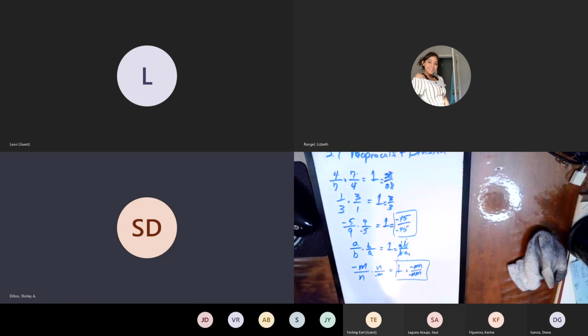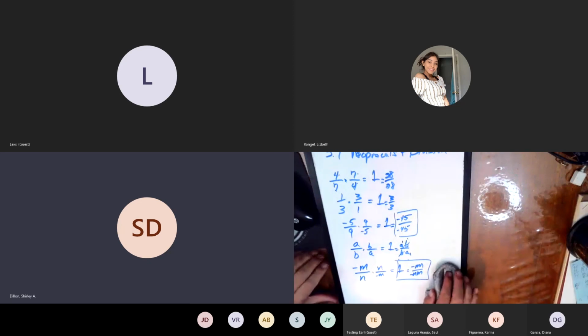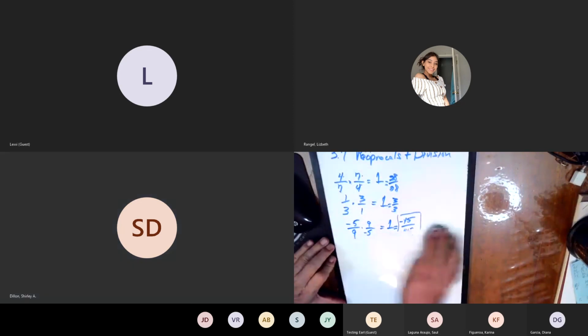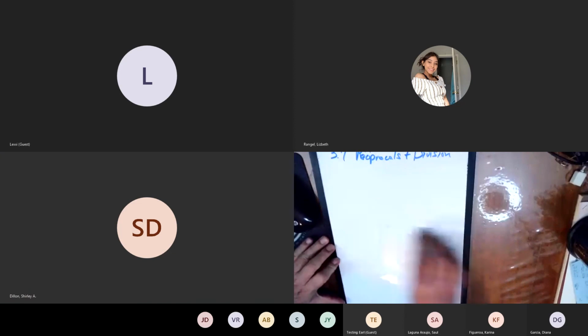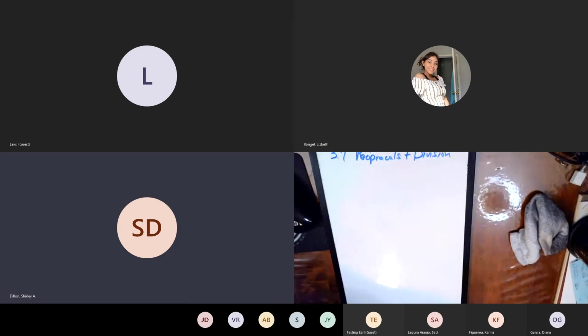Reciprocals, you just flip it. You know you have a reciprocal because if you multiply them together, you end up with the multiplicative identity, which is 1. Multiply something by its reciprocal, you end up with 1. Now, from here, we do a division.